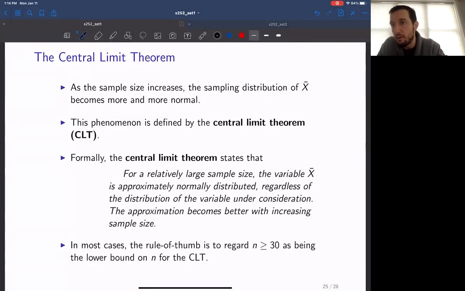So the main result here is that as long as we collect a big enough sample, we can assume that the sample mean will have a sampling distribution that is approximately normal, regardless of the shape of the population. Okay. Any questions about that idea?